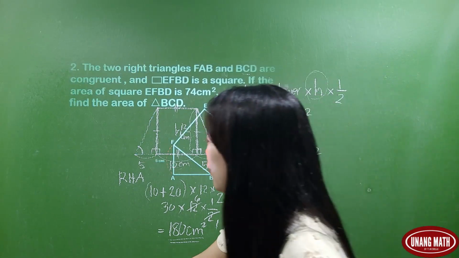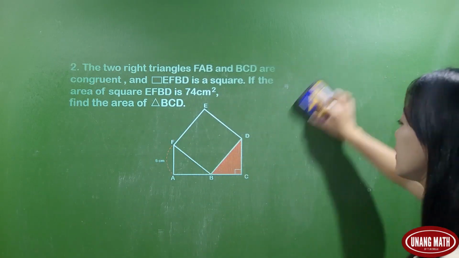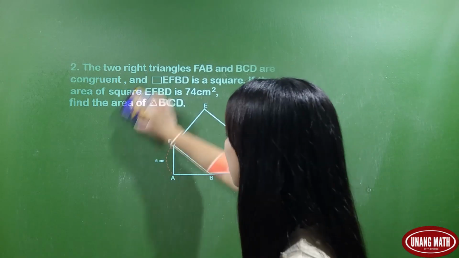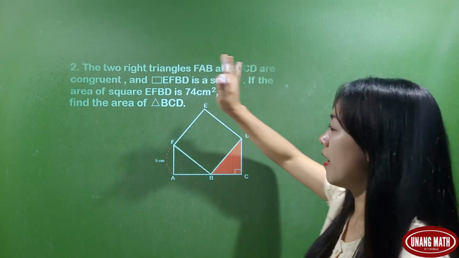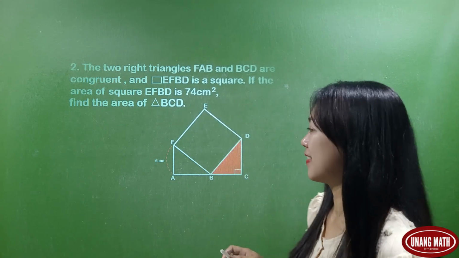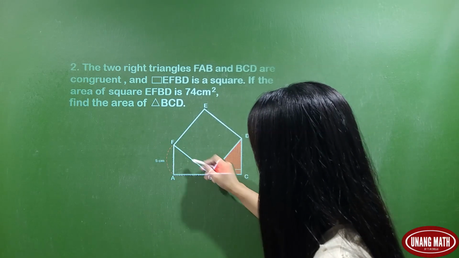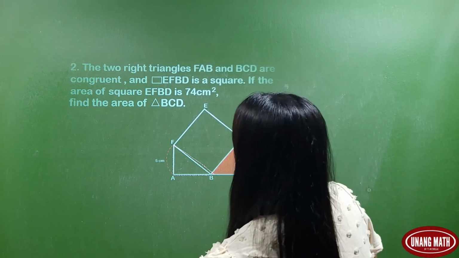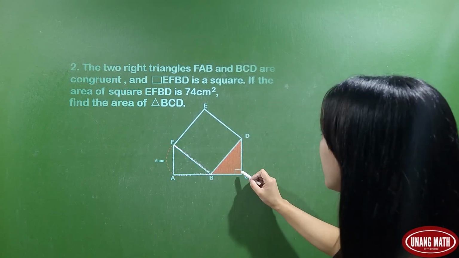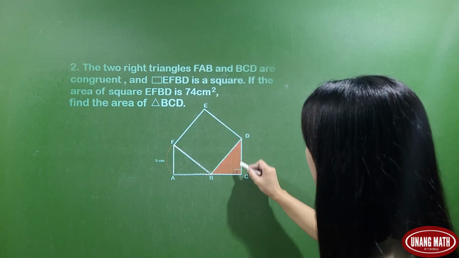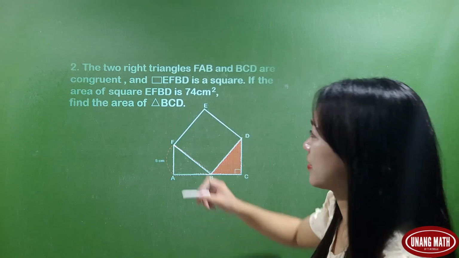Okay, moving on to our second question. According to this, the two right triangles, FAB and BCD, are congruent triangles. So this triangle FAB and this triangle BCD are congruent triangles.